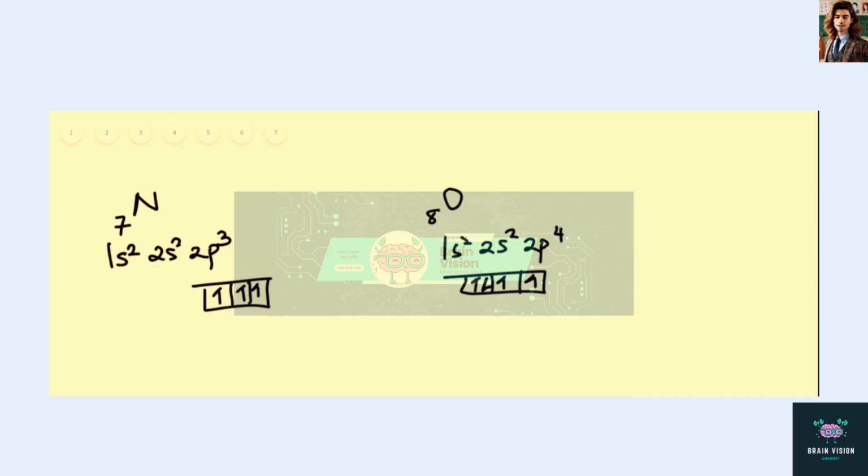So the p orbital here is half filled, and that makes it more stable and relatively difficult for the electron to be removed from it. Whereas the p orbital here is not half filled, and it is not fully filled, so it is less stable, and an electron can easily be removed from it.